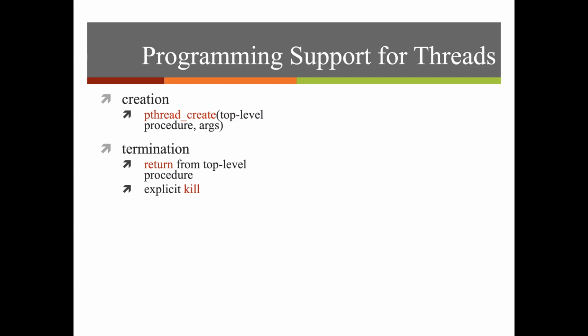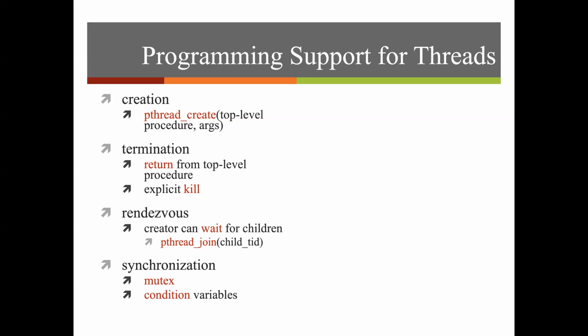And it can also be done by explicitly killing the thread. We have mechanisms in place that will allow a thread to wait for other child threads to finish processing, and this can be provided together with thread join to bring the results together. For synchronization, we have mutex functions as well as condition variables that can be used.